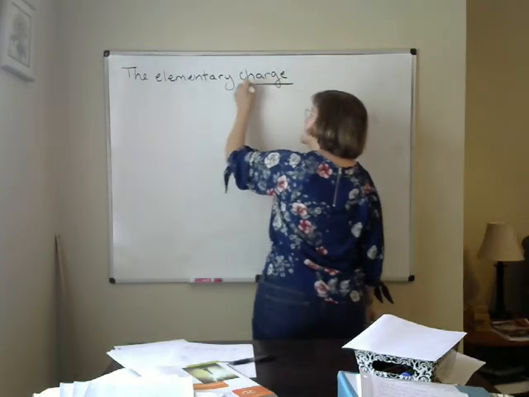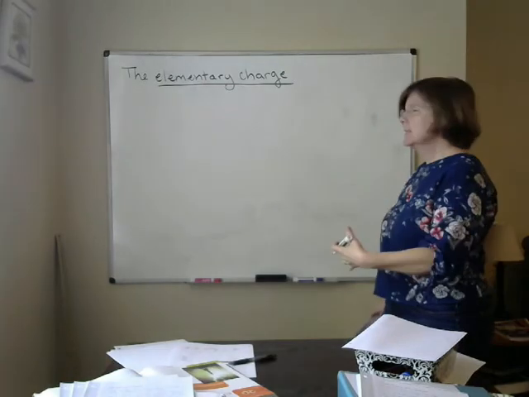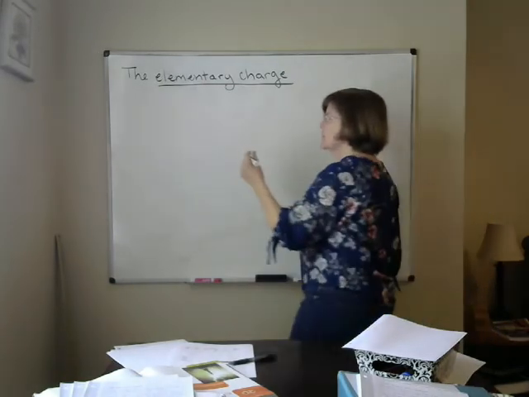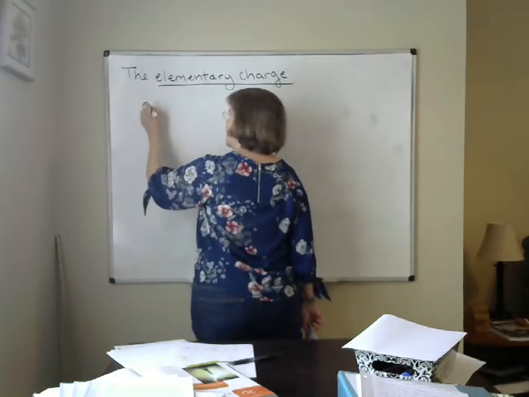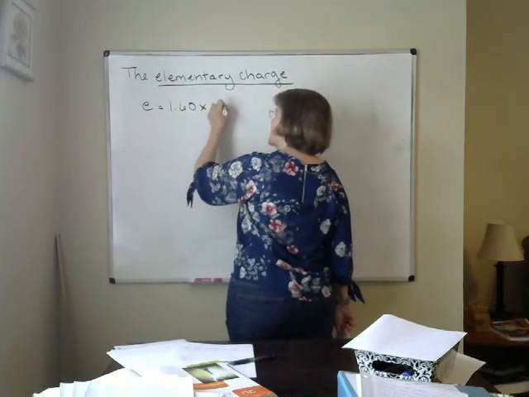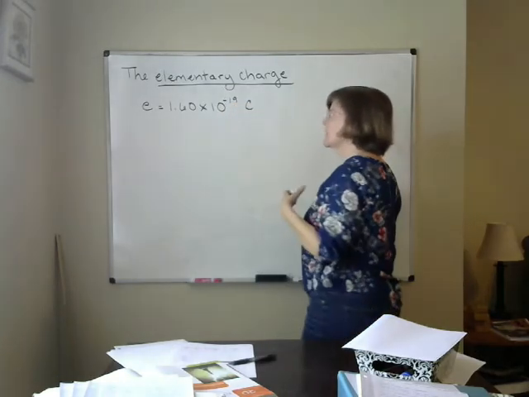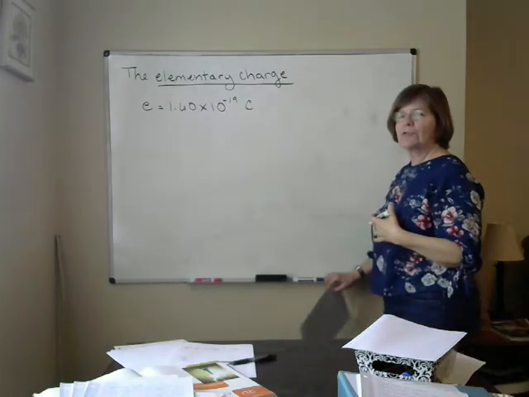The size of this elementary charge was first discovered by a man named Robert Millikan. And the elementary charge, e, is equal to 1.60 times 10 to the negative 19 coulombs. It's a very, very small quantity of charge.